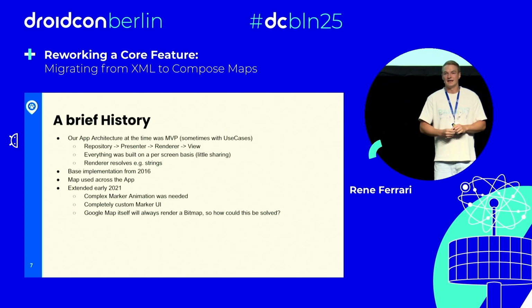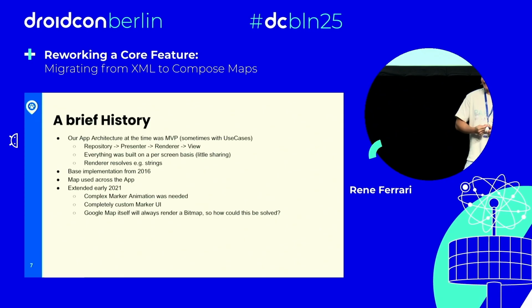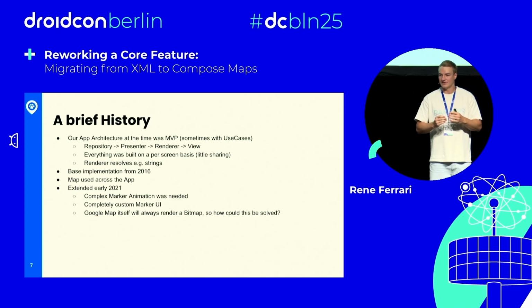And the trickiest part was that product wanted an animation on the marker itself, which was very tricky, because, as you may know, the Google Map always renders out a bitmap. So the marker itself will be converted to a bitmap in a way, and that's why the map is so performant if you move the camera and so on.